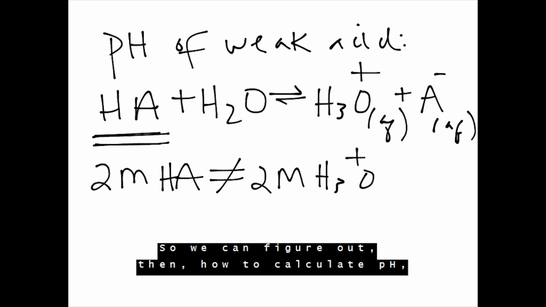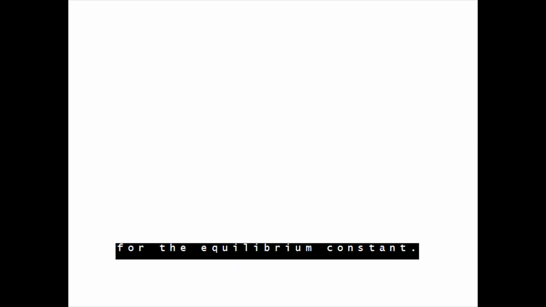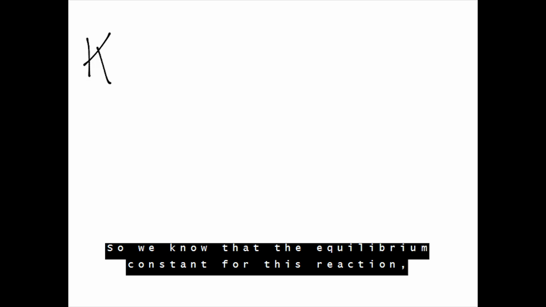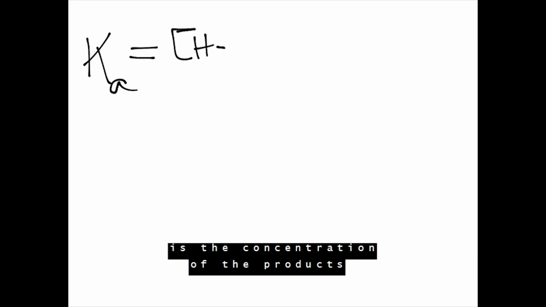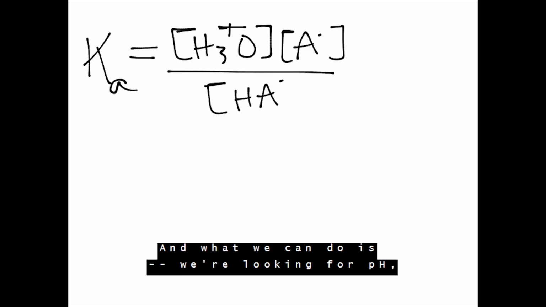So we can figure out how to calculate pH going all the way back to our original expression for the equilibrium constant. The equilibrium constant for this reaction, also called the acid dissociation constant, is the concentration of the products over the reactants, so divided by HA.